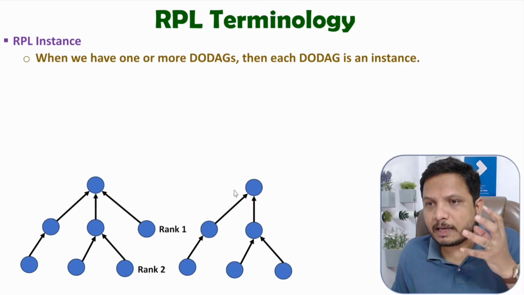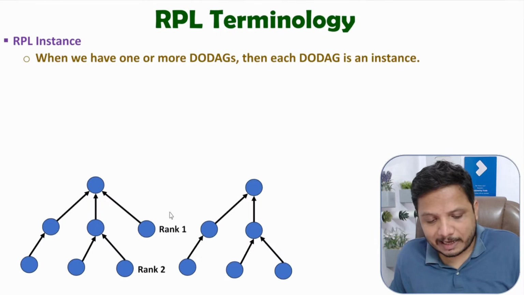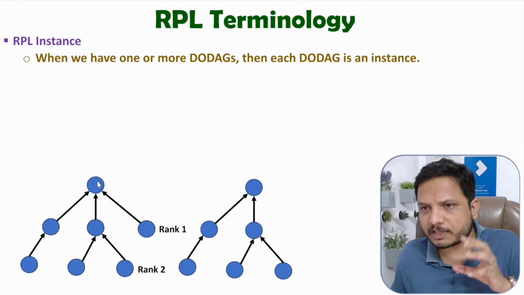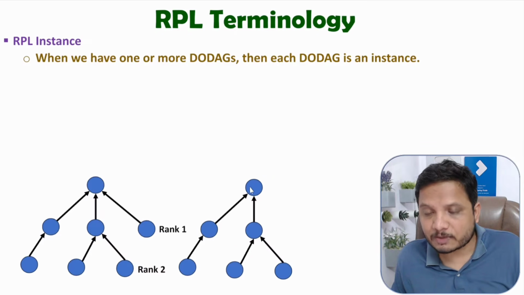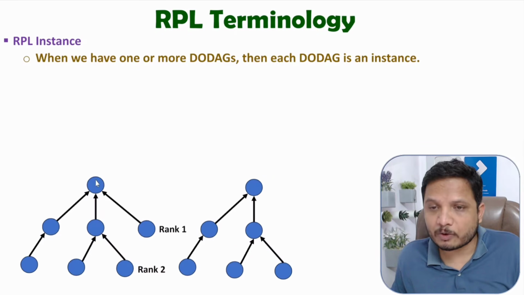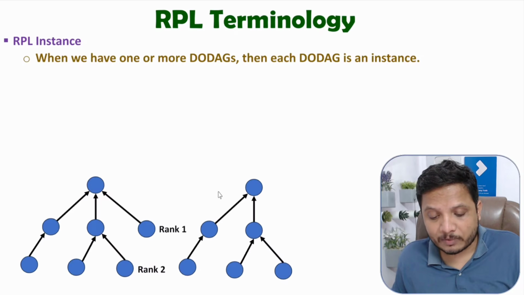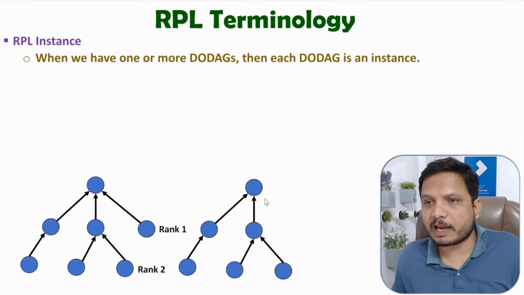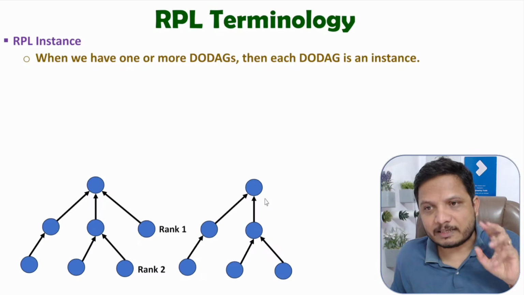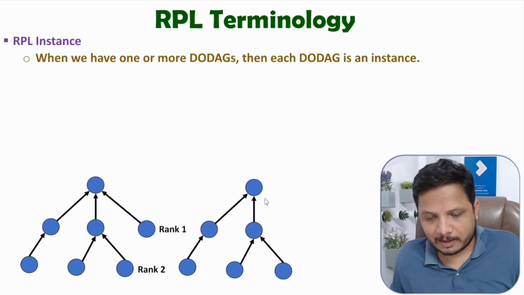Means here are 2 DODAG networks as per the basic definitions which I have told you. Here also there is one root node, and all other nodes are interested to go towards the root node. This is one DODAG network. This is the second DODAG network. So for this particular case, we have 2 RPL instances, one can say, right?